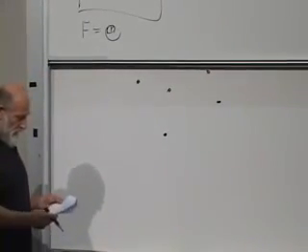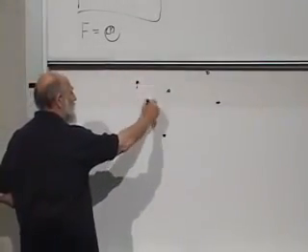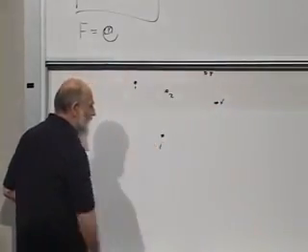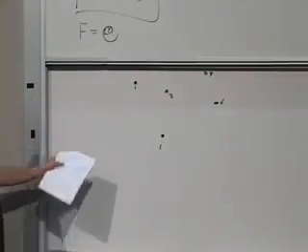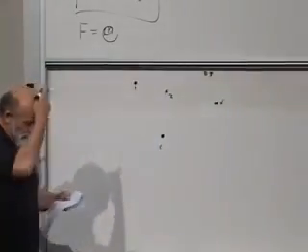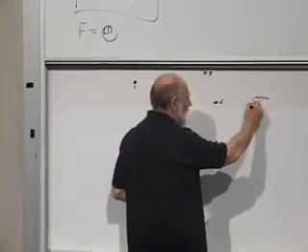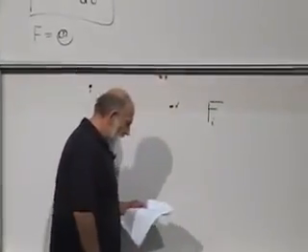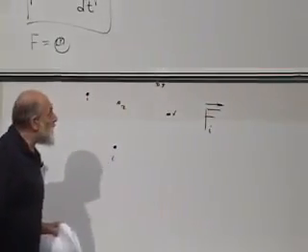But what's the total force on a particle? Let's label these particles. This is the first one, the second one, the third one, the fourth one, dot, dot, dot. This is the ith one over here. So i is a running index which labels which particle we're talking about. The force on the ith particle, let's call it F sub i, and let's remember that it's a vector. It's equal to the sum.